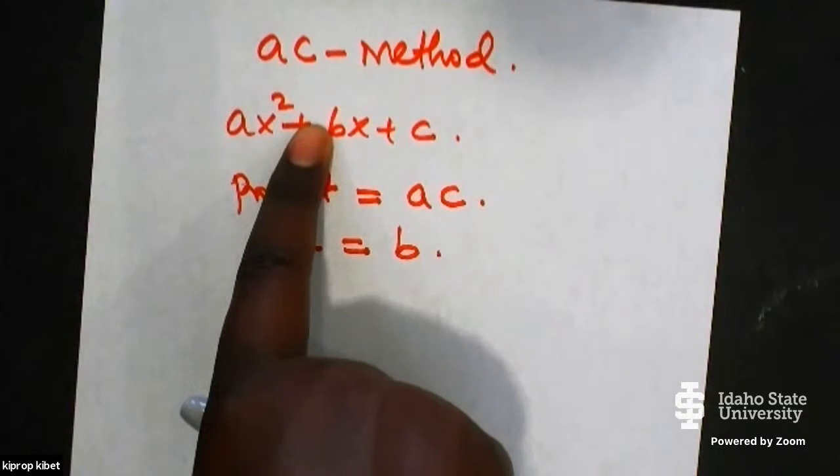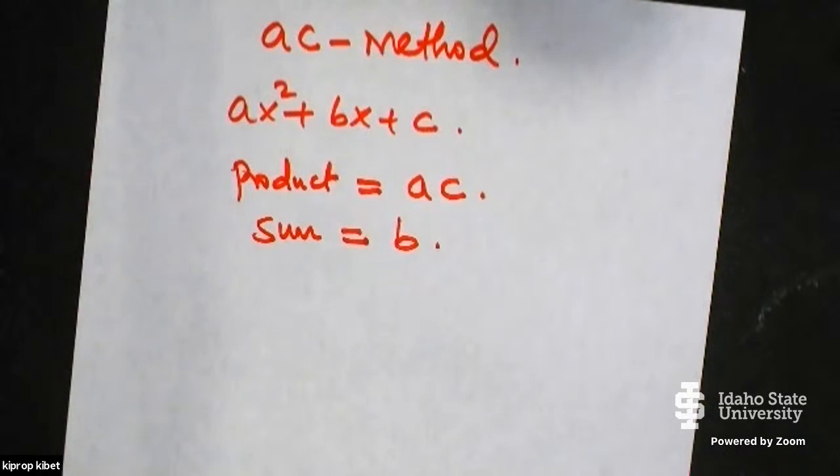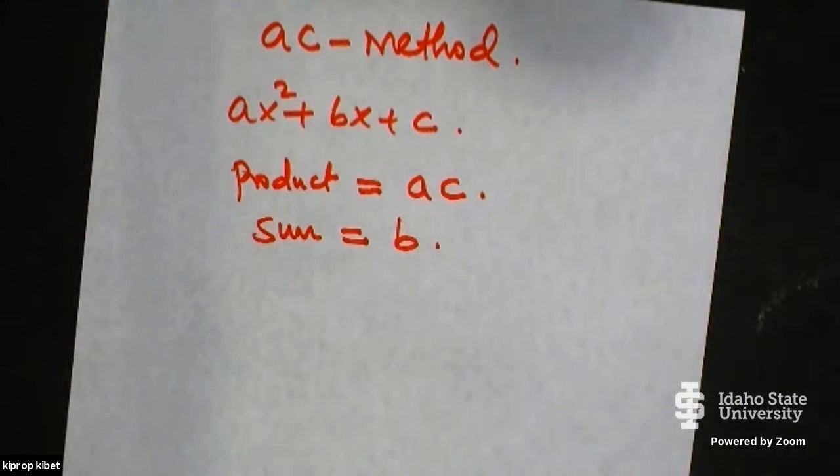Then you look for two numbers in which the product is negative 84 and the sum is 5. So basically you might get something like 12 and minus 7. Then now you factorize that expression. Any question up to there? Guys in Zoom, do you have a question? No.